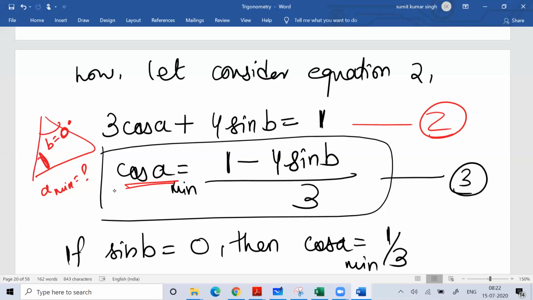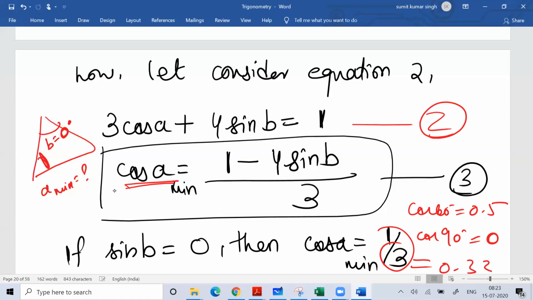Cos 90 degree is 0. So if I'm looking for this value, this is 0.33. With this, you can understand this value lies between 60 to 90 degrees.